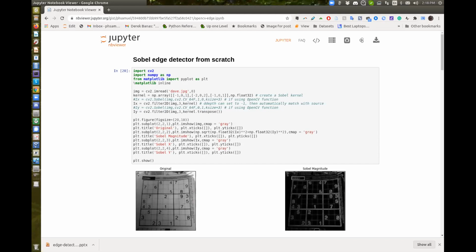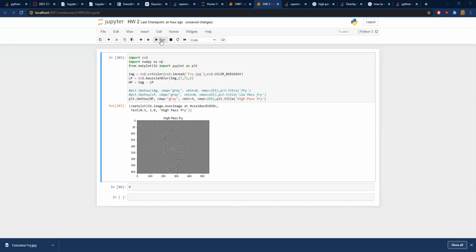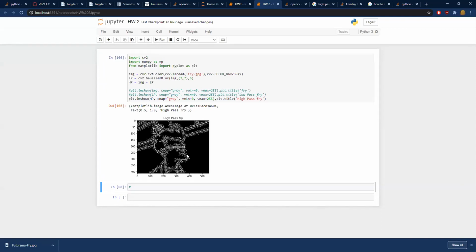Can I share my screen? Yes, you can. This is what the image looks like when I filter it through the high pass, and I'm not sure why. I don't know if that's correct or not.